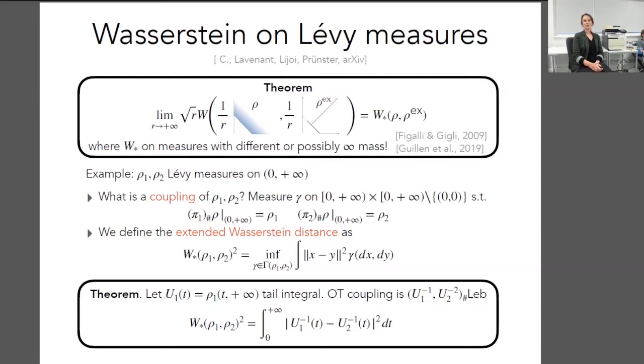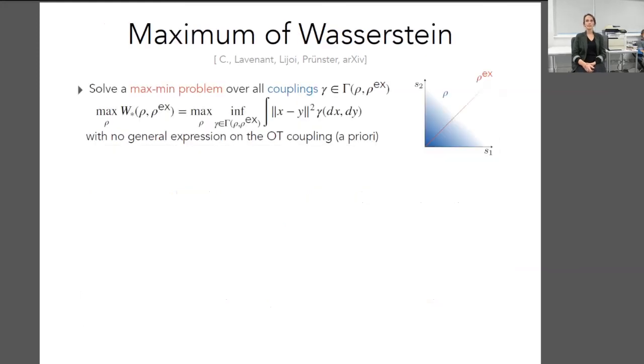Okay, so this was just a bit of an excursion on this extended Wasserstein distance between Lévy measures. But now in our context, we are not dealing with one-dimensional Lévy measures, right? Because we are looking at multivariate Lévy measures. So once again, in principle, we do not have the expression of the optimal transport coupling.